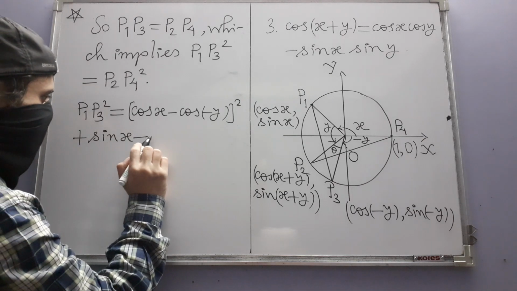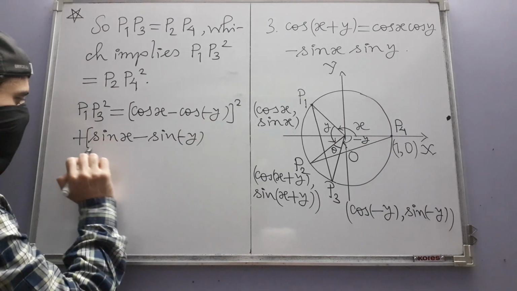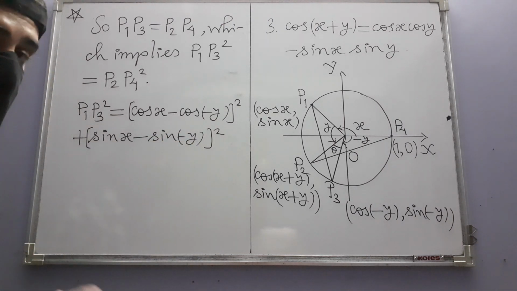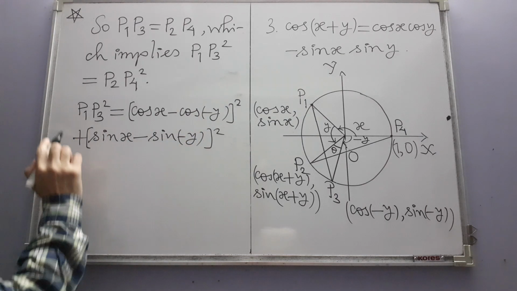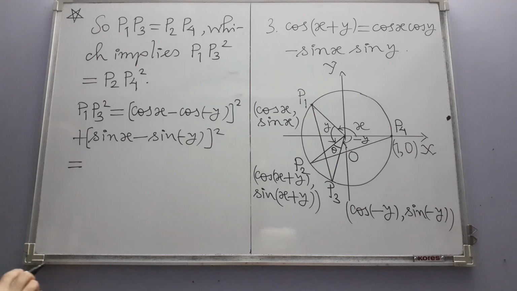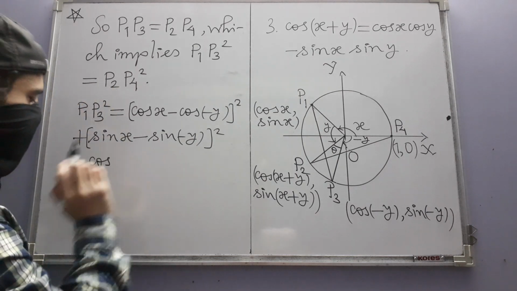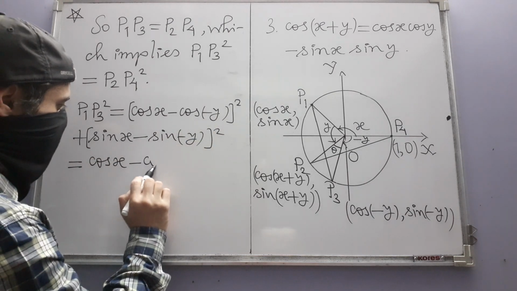Sin x minus sin minus y, square. Never forget that here we have a difference, so we have minus. We will take care of this minus y afterwards, I mean in this next step. And this is where those first two identities will be used. Cos minus y is simply cos y.